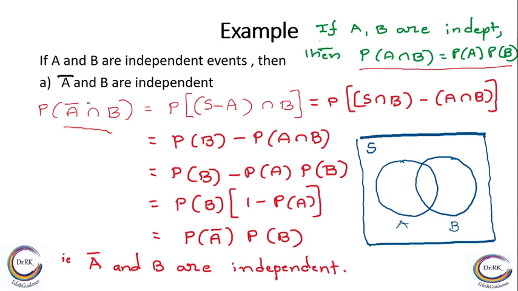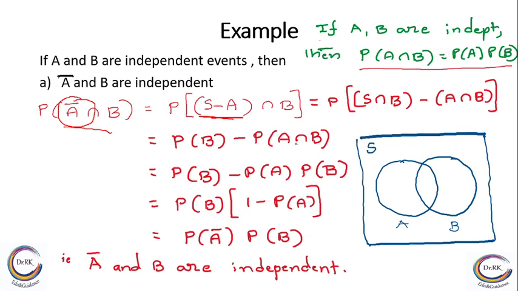Now, A bar is nothing but, we know the basic definition, S minus A, right? From the total sample space, if you take out A, that is nothing but A bar. That is general set theory: mu minus A is A complement. It's the same here.